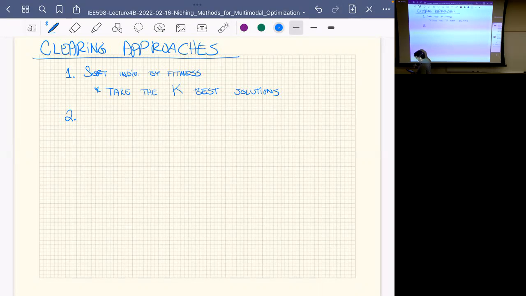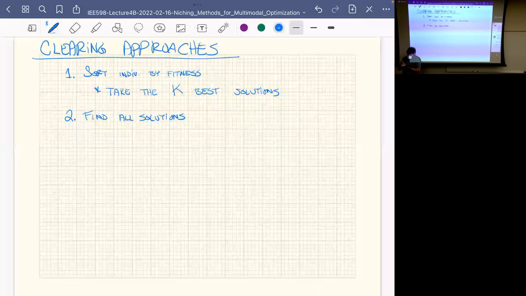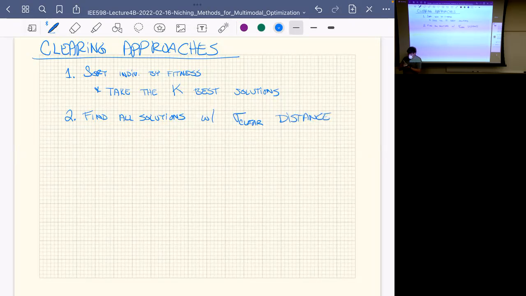So in step two, we find all solutions within some sigma clear distance of the K best.